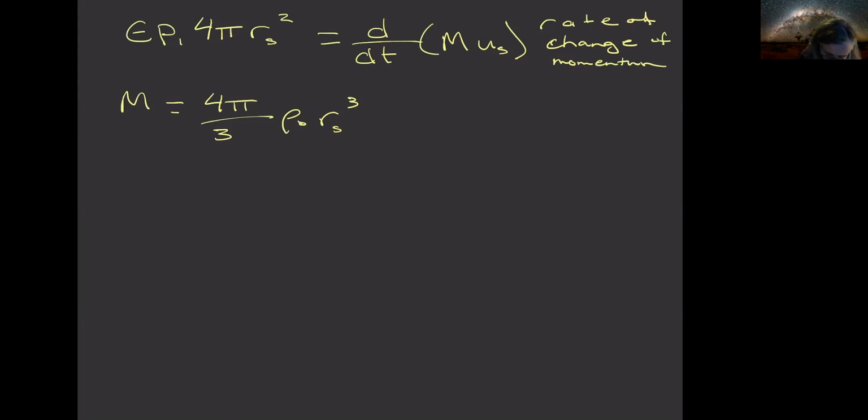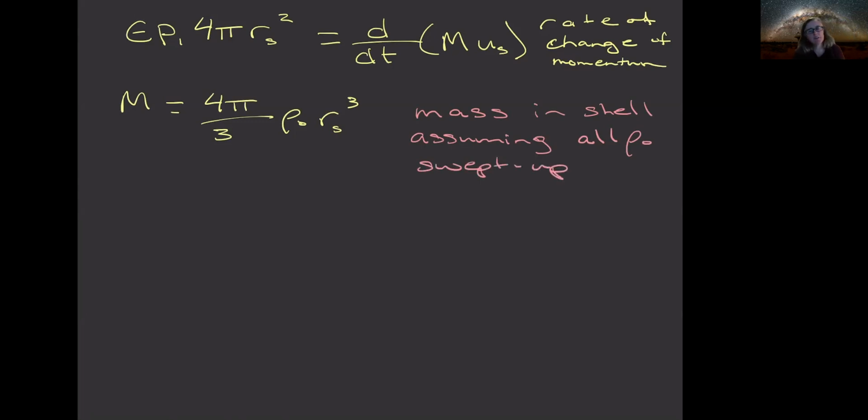So this is the mass in the shell, assuming all of rho naught was swept up. The snowplow analogy is a very commonly made analogy when talking about supernova explosions, where we refer to the snowplow phase of their evolution, where they're piling up all of the gas that was initially there.